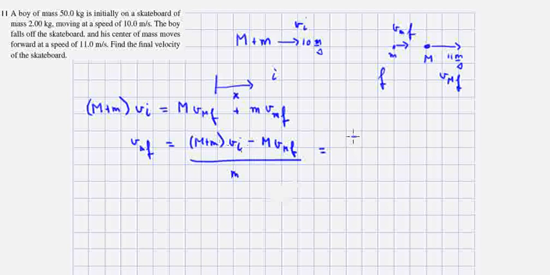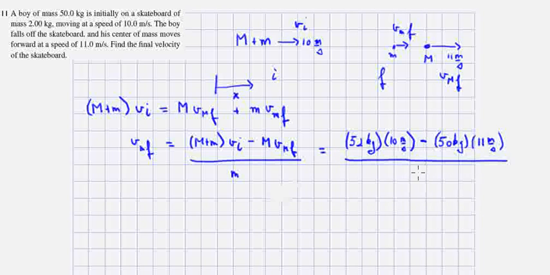Big M plus little m is 52 kilograms, the sum of the mass of the boy plus the skateboard, 50 plus 2, times their initial velocity, 10 meters per second, minus the mass of the boy times his velocity after he comes off the skateboard, divided by the mass of the skateboard.